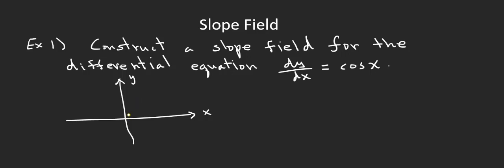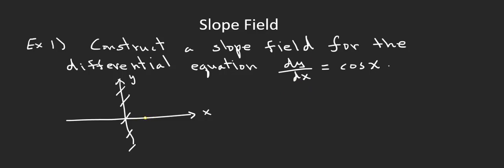And what does a slope of 1 look like? Well, it's going to look like this. It doesn't matter where the y value is, because as long as x equals 0, dy over dx is 1.